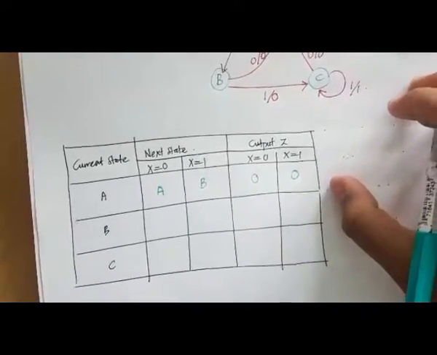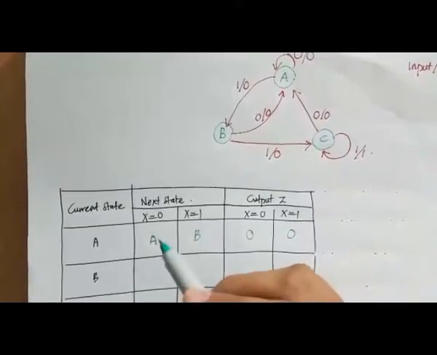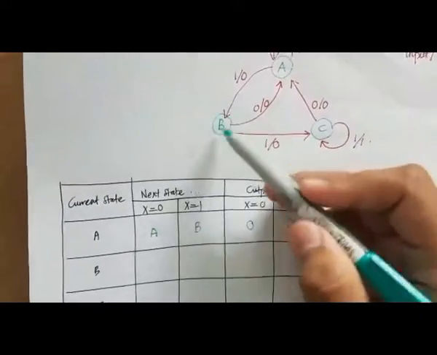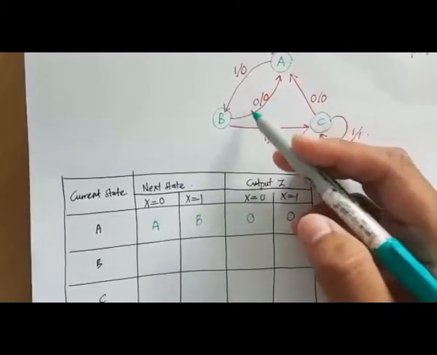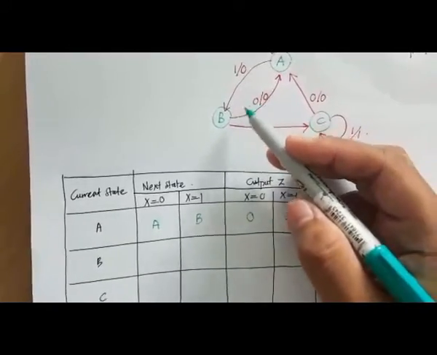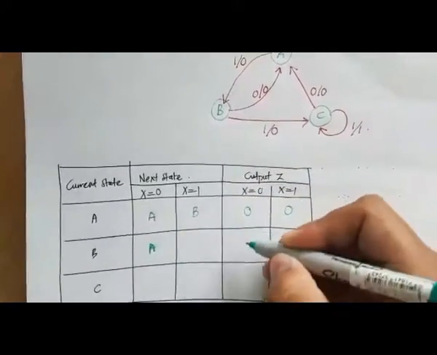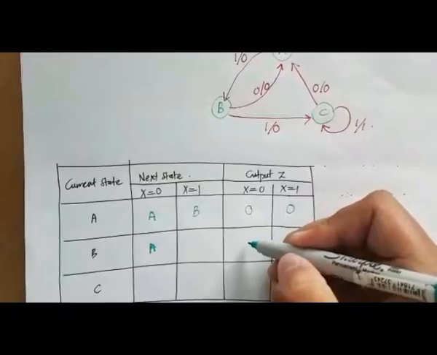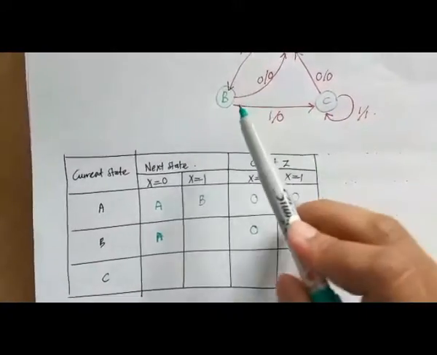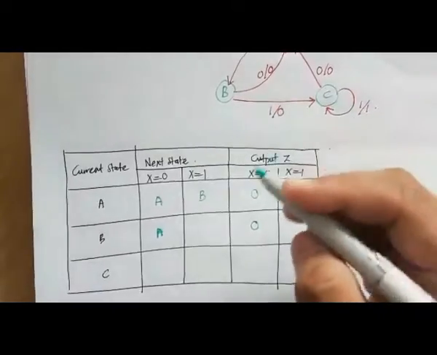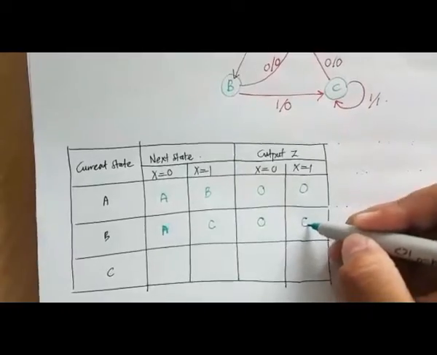Okay, so we proceed with state B. For the next state, we focus on this one. When the input is 0, it will go to A, and the output is 0. If the input is 1, it will go to C, and the output will be 0.